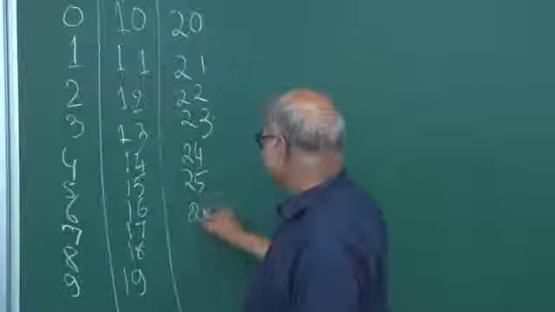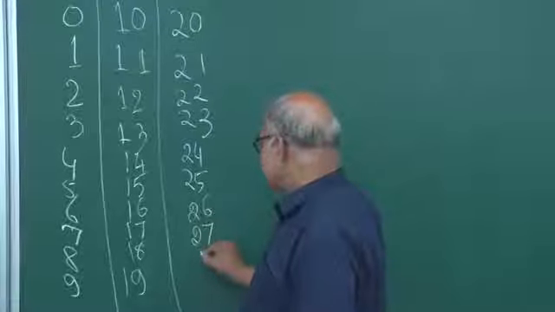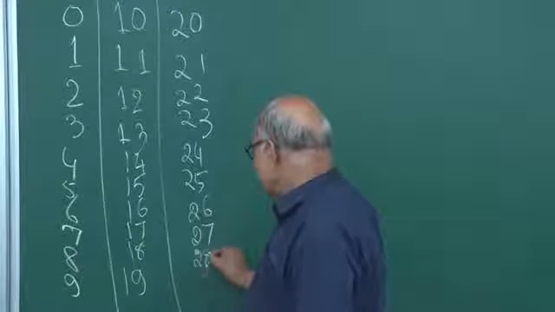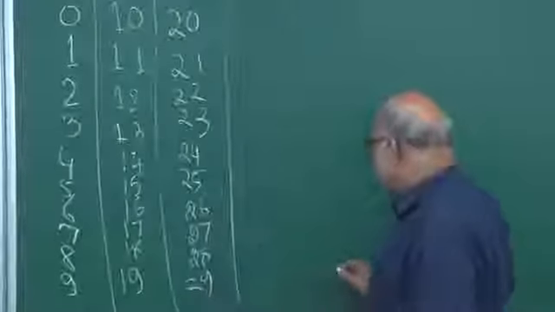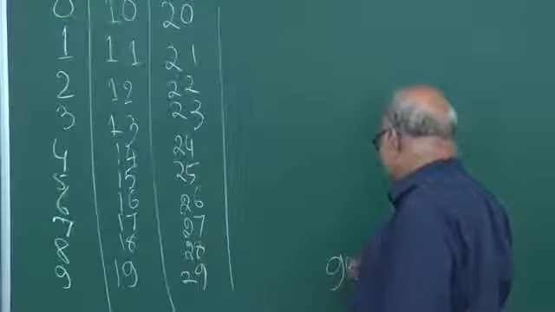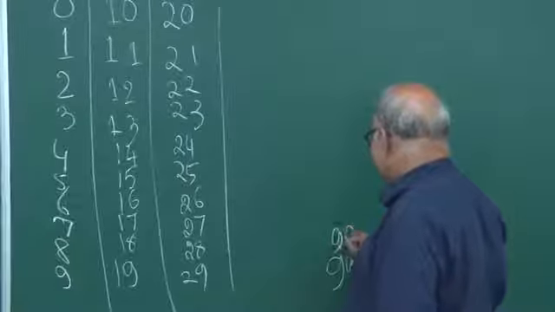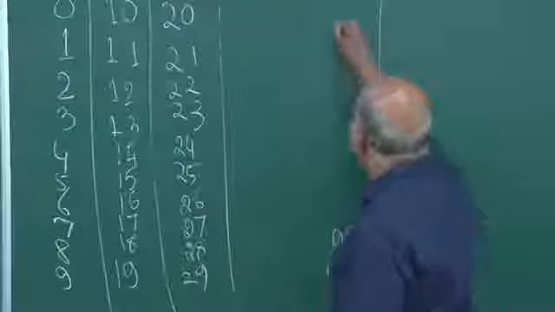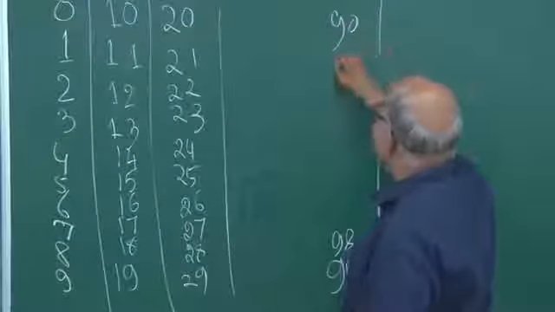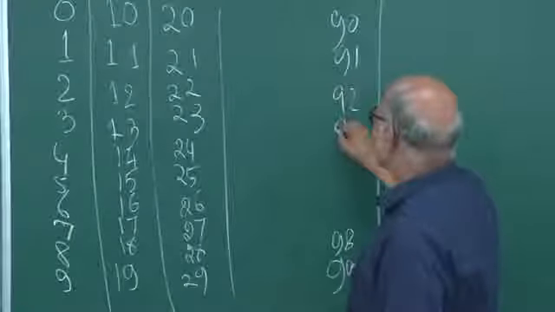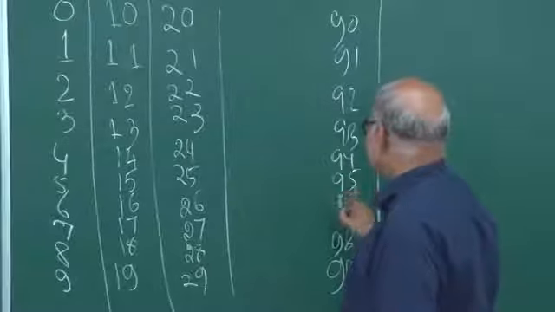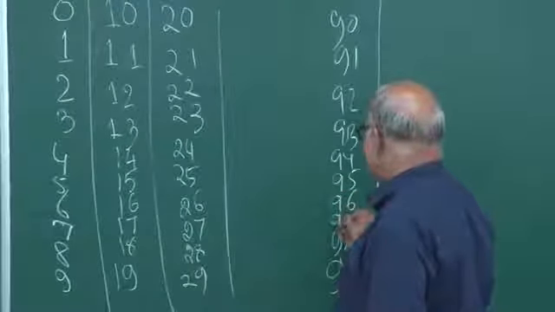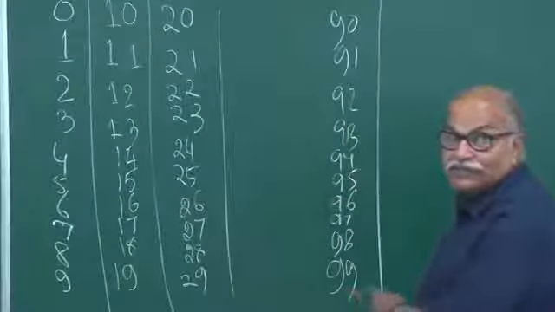So with these 10 symbols you write so many 2-digit things and so on till you reach 99. Okay, 91, 92, 93, 94, 95, 96 and 97, and now you have exhausted all your digits.